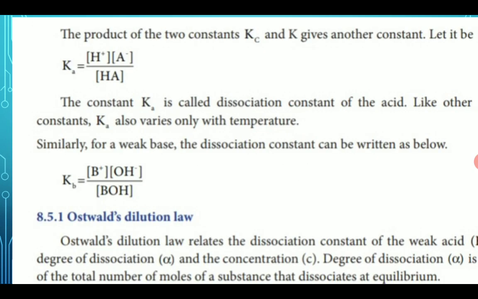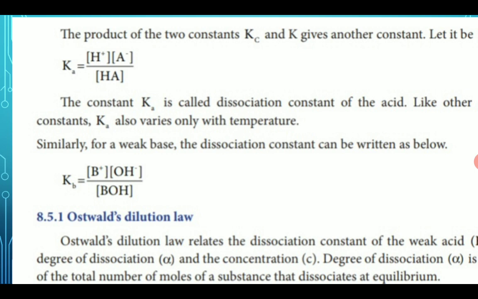See the next equation. So the product of the two constants Kc and K gives another constant, let it be Ka. So the remaining becomes HA, H and A. So the constant Ka is called the dissociation constant of the acid. Like other constants, Ka also varies only with temperature.